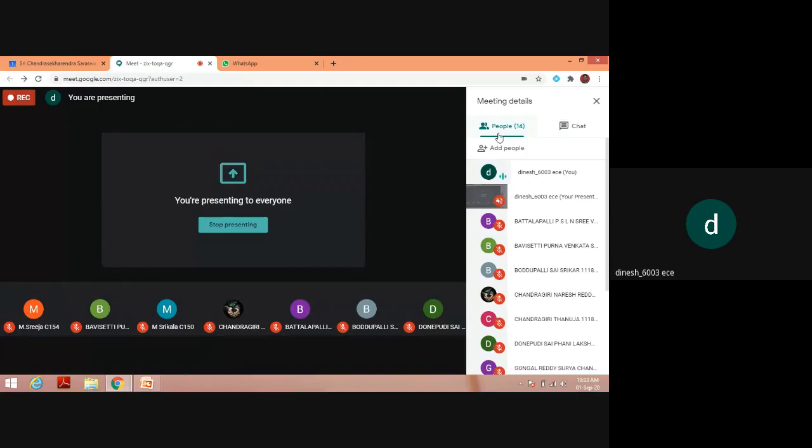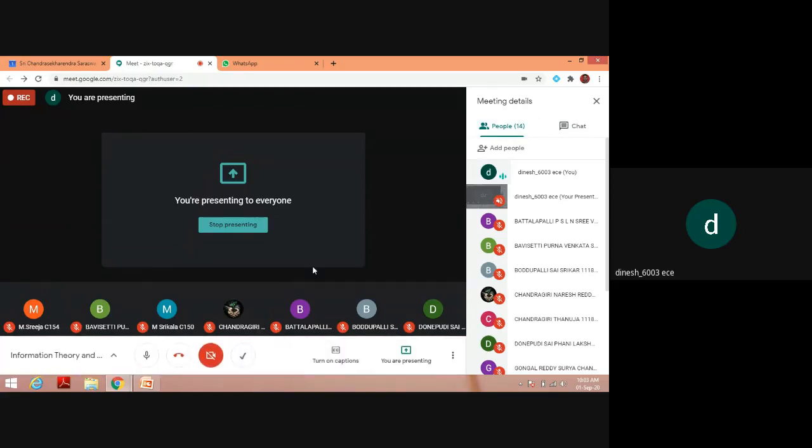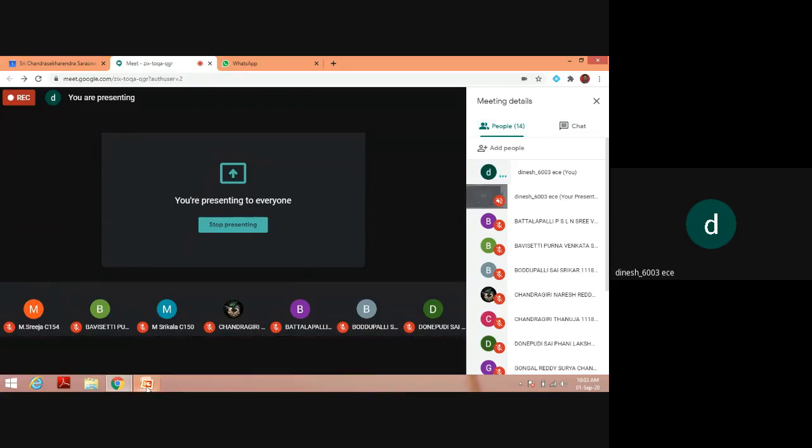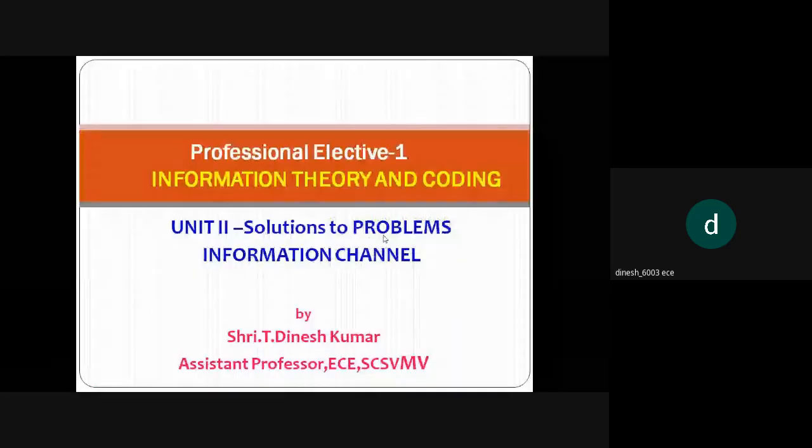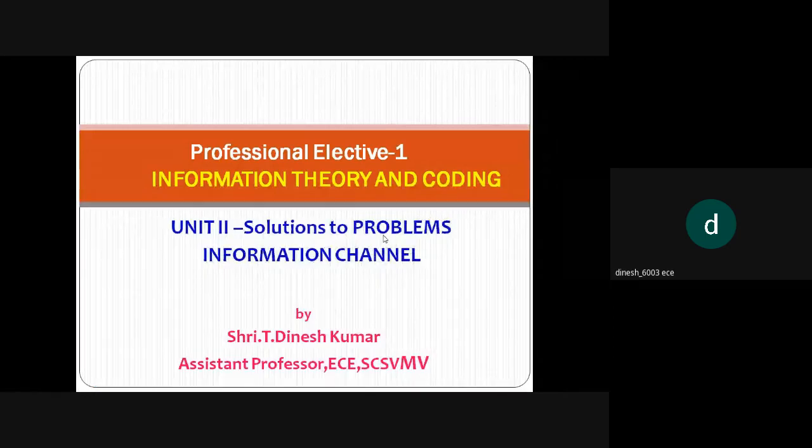So I'll highlight the formulas, then we'll solve how to do it. Let's go into the presentation, which is this. Information theory and coding, unit number 2, solutions to the problems in the information channel.